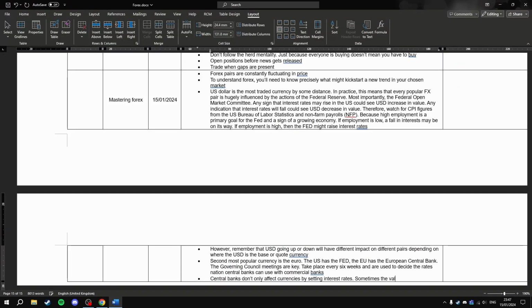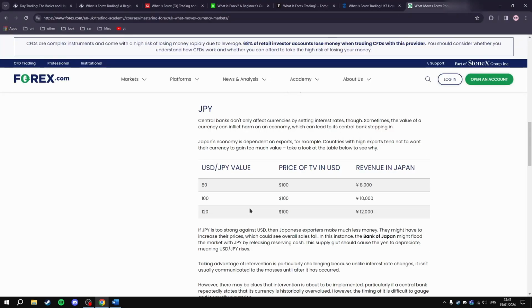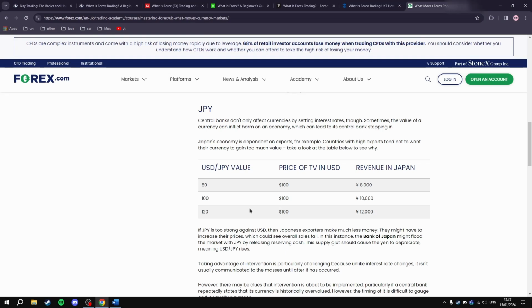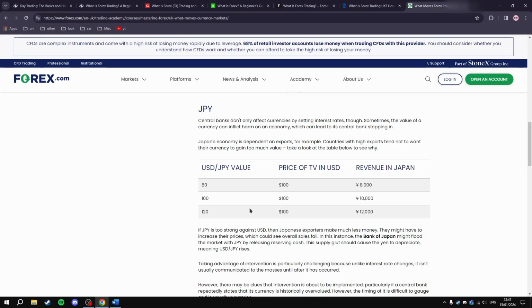Sometimes the value of currency can inflict harm on an economy. Japan's economy is dependent on exports.